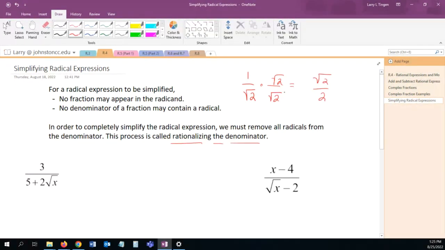These are equal because all I did is multiply by 1, because square root of 2 over square root of 2 is 1. So I just found a clever way to multiply by 1, and this is also correct. So rationalizing the denominator lets everyone know when to stop, because some people will go here, some people will take a step further, some people might try to do more. We want you to know you can stop as soon as the denominator doesn't have any radicals in it.